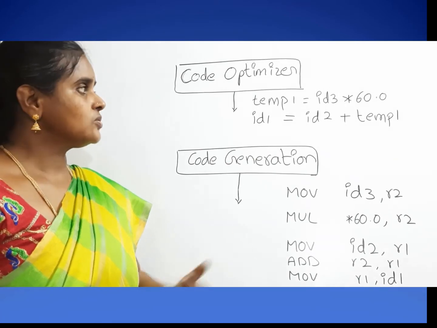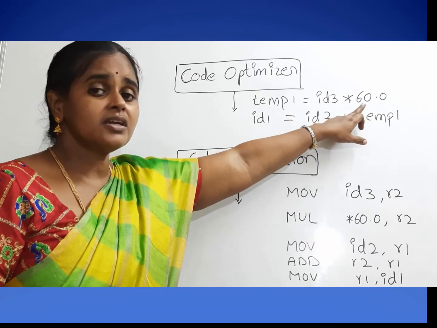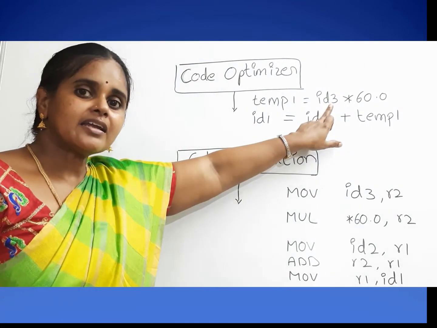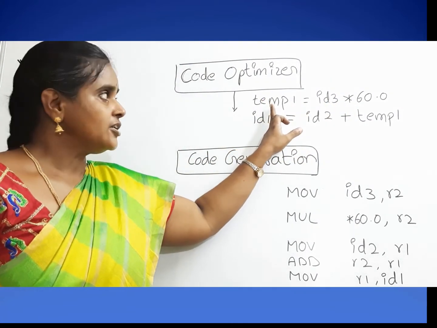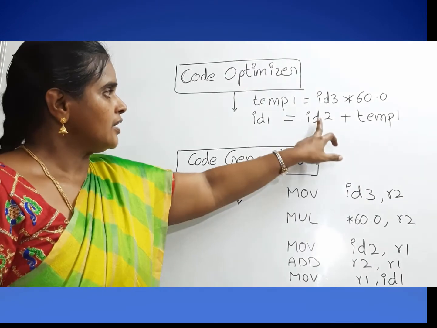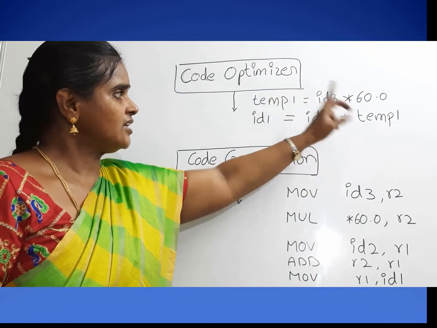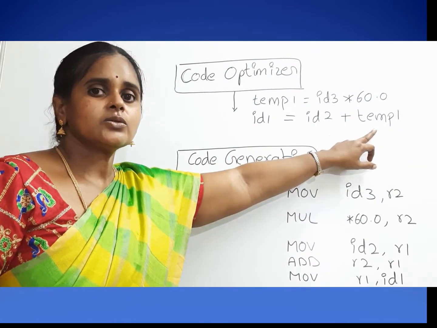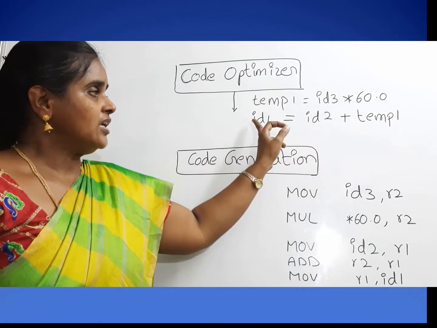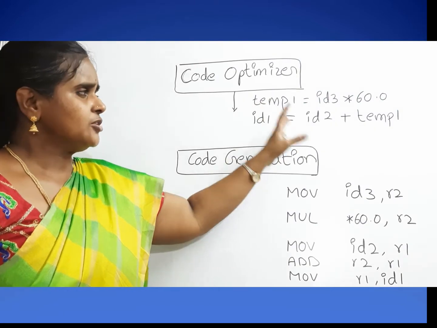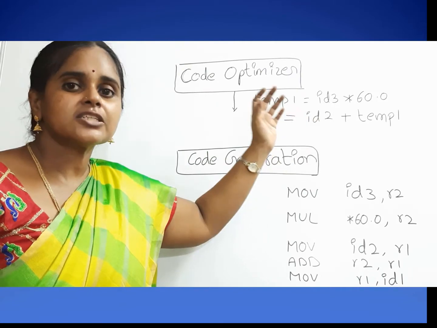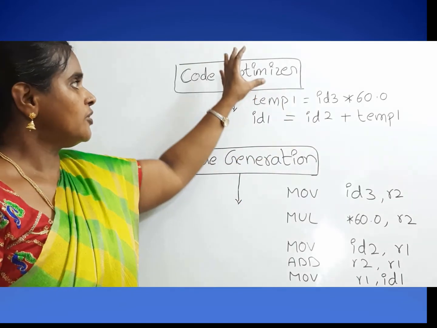The direct operation is performed here, multiplying that directly with ID3, and directly assigning it into temporary variable 1. Now the summation operation: temporary variable 1 is summed up with ID2, and this is totally assigned into ID1. So it reduces many unnecessary assignments and operation steps. This is the main job of the code optimizer.